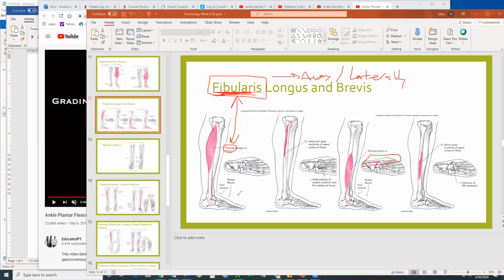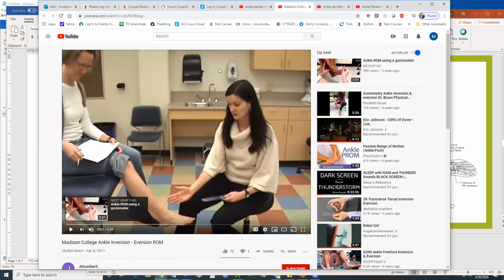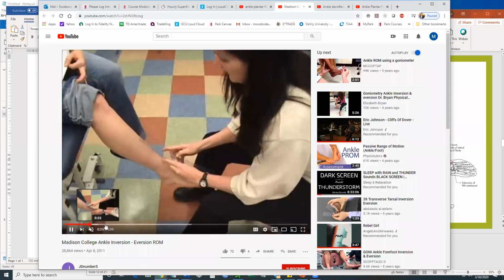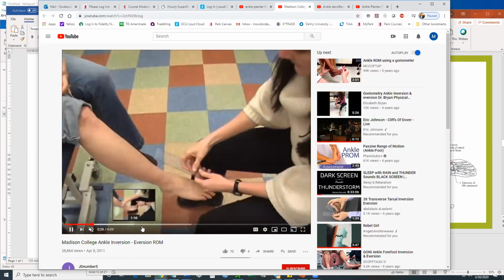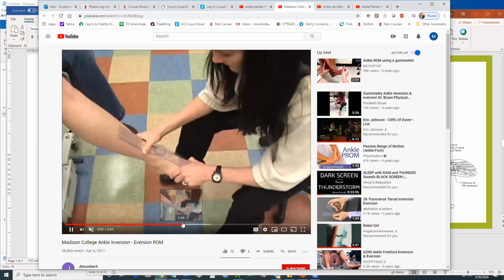Now, the whole fibularis group is going to do a little bit of assistance with plantar flexion, but its primary movement is foot eversion. Okay, so eversion here.